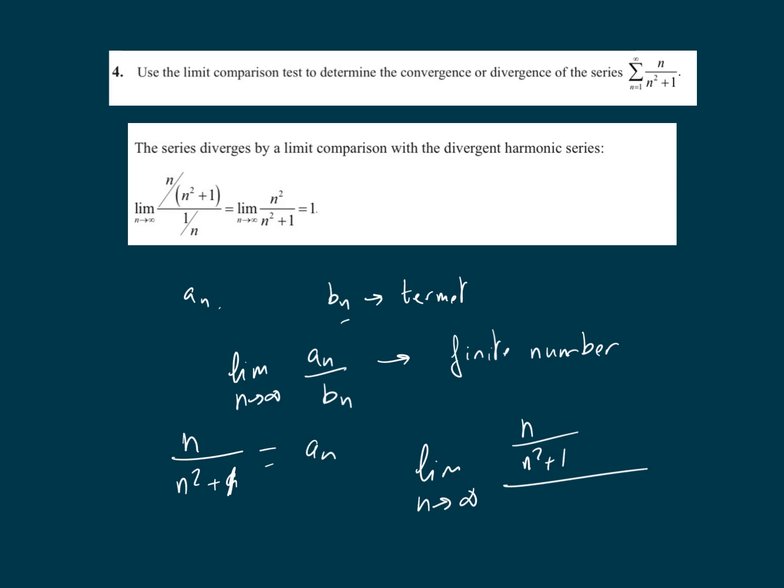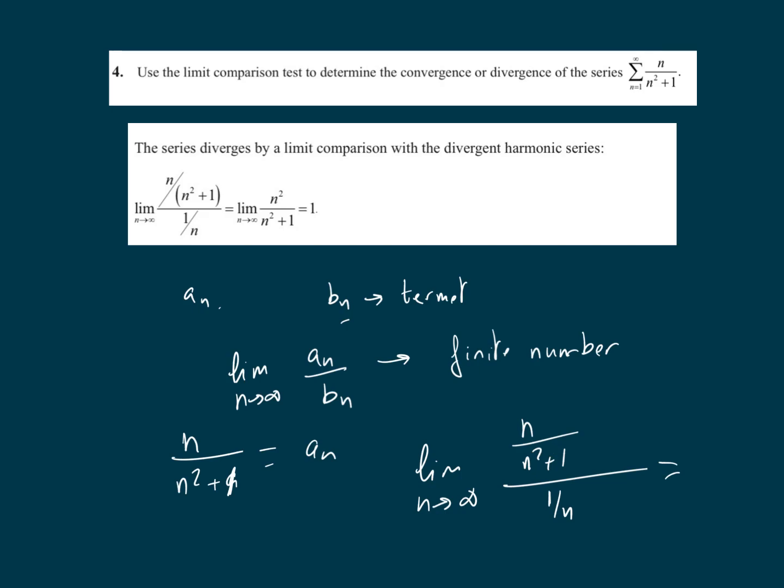I see here the n and I see here the n squared. I see 1 divided by n. So I will put the thermometer 1 divided by n. And I will see if this limit is a finite number. If this is a finite number, it will mean that because this one diverges, this one will diverge.